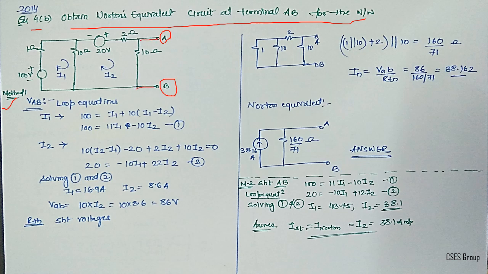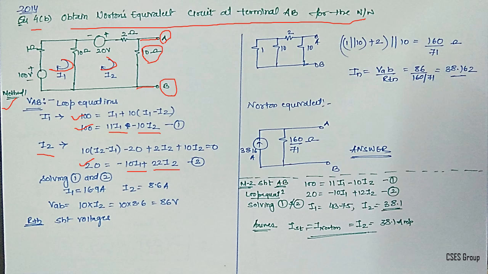So if you are determining the Thevenin equivalent of the circuit, then you need to take loop currents I1 and I2 and find out the voltage drop across the 10 ohm. So I am writing here the I1 equation: 100 is equals to 11 I1 minus 10 I2, and the second loop equation is 20 is equals to minus 10 I1 plus 22 I2.